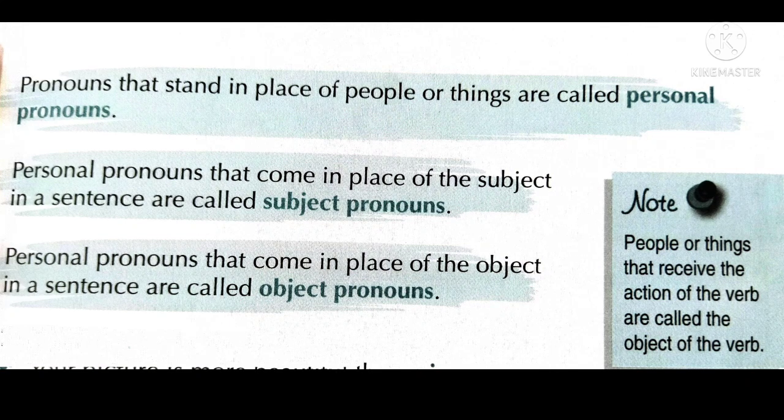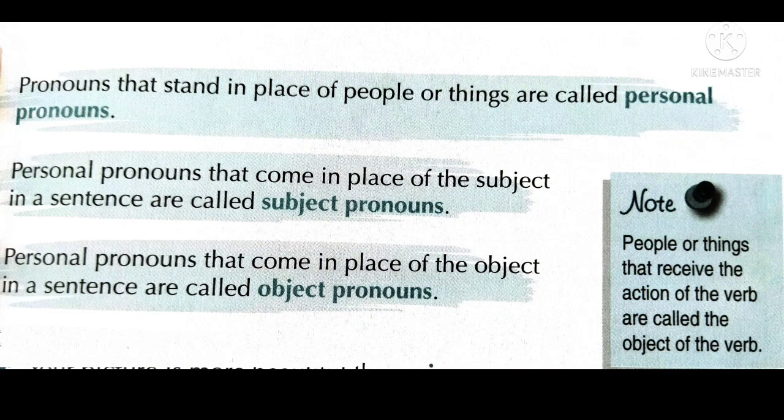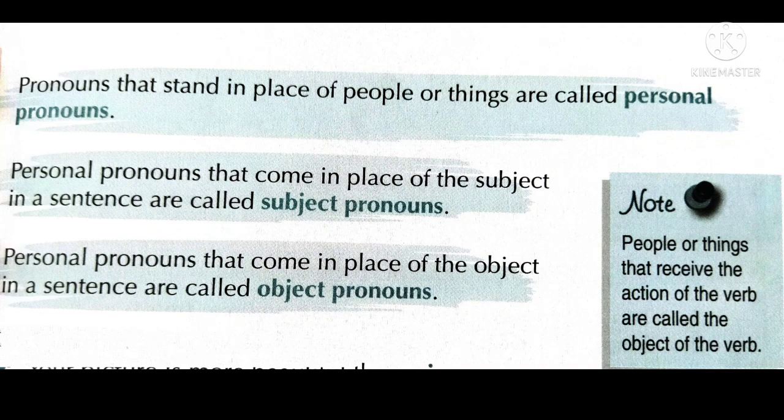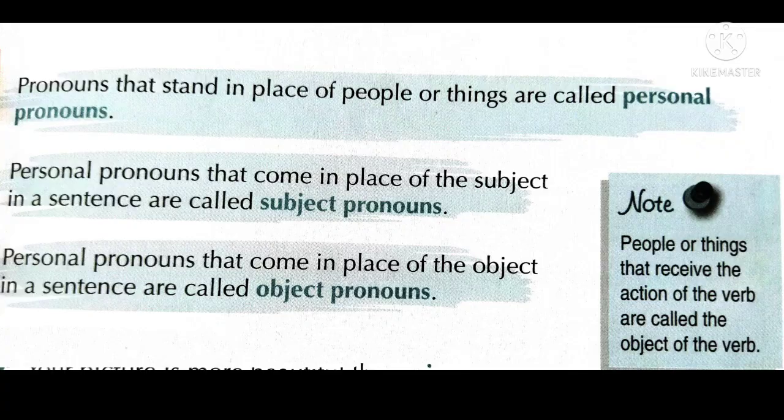The pronouns which refer to the person or persons spoken to are called pronouns of the second person, like you, yours, thou, thee. Also, the pronouns which refer to the person or thing spoken of are called pronouns of the third person, like he, she, him, hers, they, them, theirs, and it.